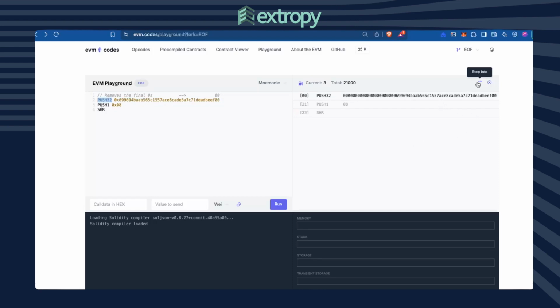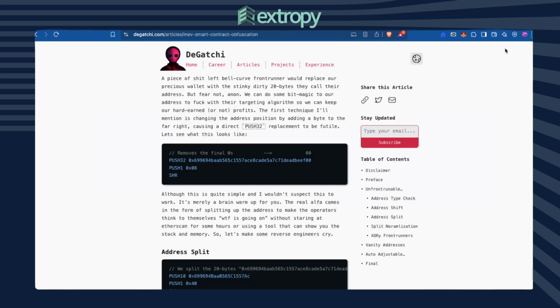If you see that, then that's what you get on the stack instead. But obviously we need to be able to convert that. So we put the 8 on the stack, and then we can do a shift right, and then we get back our original address. That's a very simple technique.